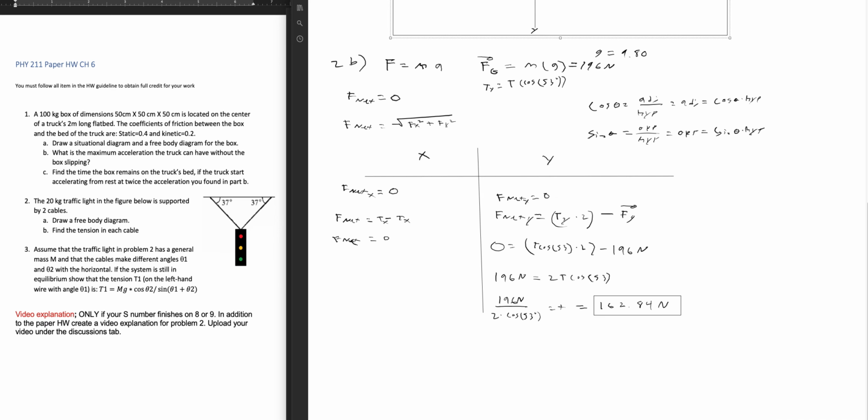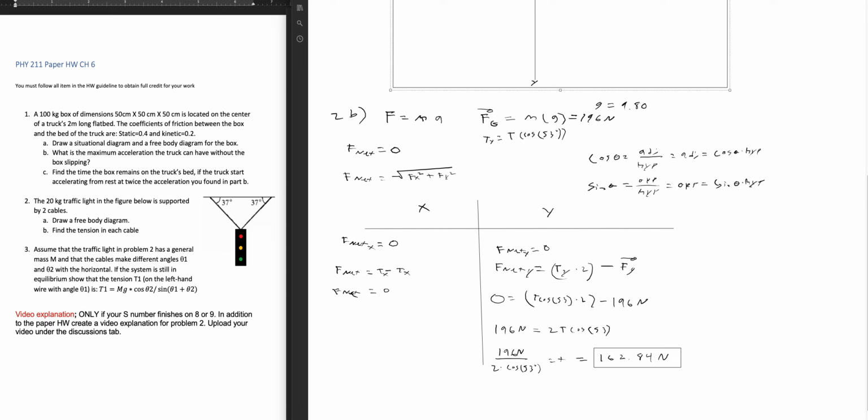Now, for B, we need to use a little bit more math. We're asked to find the tension. Now, the tension in a cable is equal to the hypotenuse length of the vector, which, thankfully, we know how to find using a combination of trigonometry and Newton's second law. Newton's second law is force equals mass times acceleration.